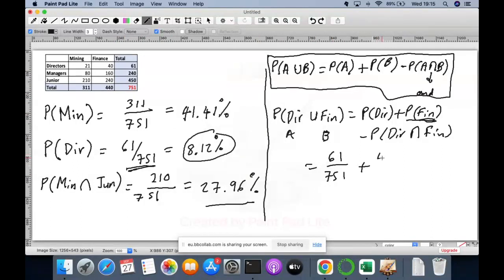So it's 440 divided by the grand total, minus this joint probability here. Probability of being a director and being in the finance sector. How many directors do we have in the finance sector? The intersection, it's 40. That's 40 over 751. And that gives you an answer of, I believe, 61.38%.